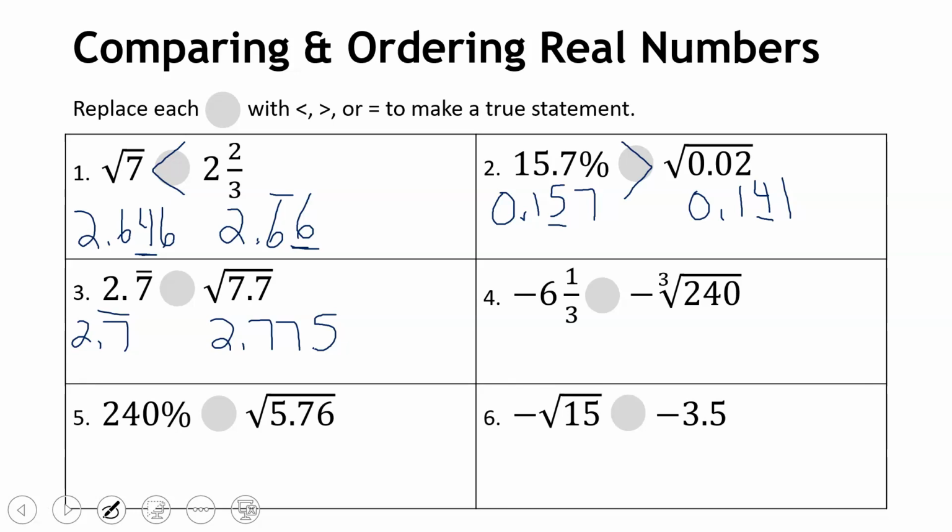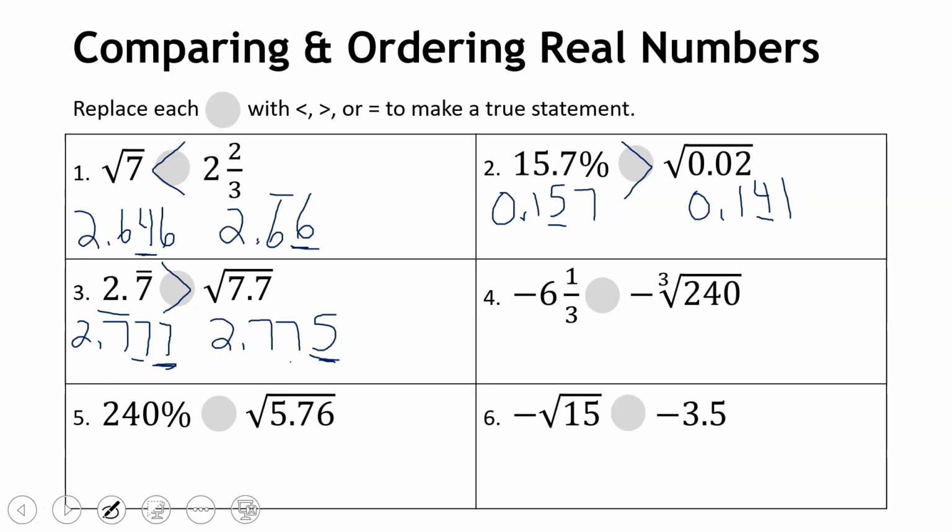We'll expand this 2.7 by repeating the 7's. In the hundredths place, we still have a 7 for both. When we get to the thousandths place, we have a 7 on the left and a 5 on the right, which means that this is going to be greater than, because 7 is greater than 5. So 2 7/10 repeated is greater than the square root of 7 7/10.